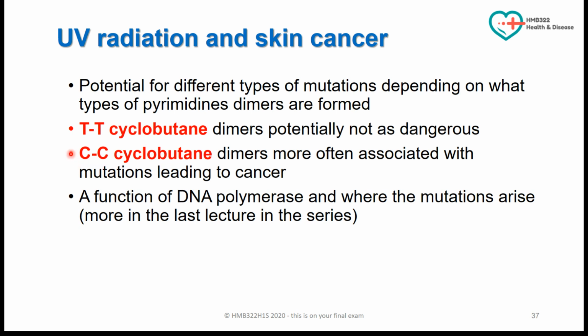If you had cyclobutane CC pyrimidine dimers, then this is thought to be much more dangerous for you if you accumulate them within your DNA. And this is thought to eventually cause the formation of either squamous cell or basal cell carcinoma. If it's in melanocytes and you start forming a lot of these dimers, then it might lead to melanomas as well. This is also a function not just of collecting these different types of mutations that are induced by UV radiation, but it's also a function of the DNA polymerase, what stretch of DNA that this mutation arises.